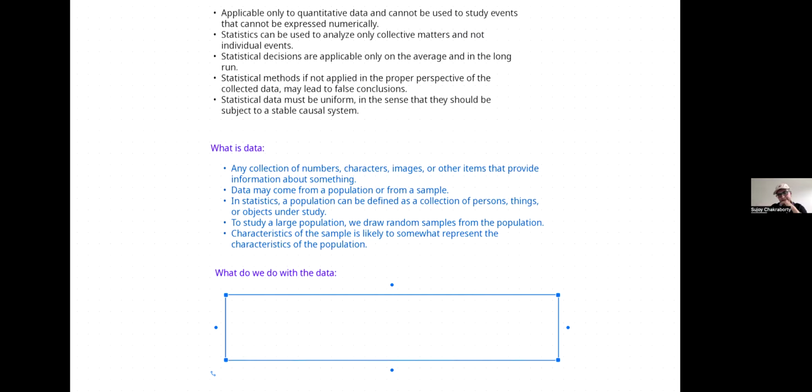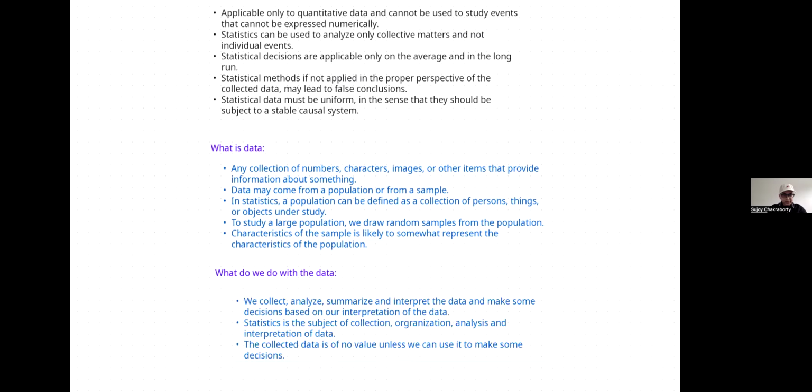Okay, so that's the basic purpose of collecting the data, right? So we collect, analyze, and summarize, and then we have to do the interpretation of the data based on our analysis. And then based on that, you have to make some decisions or draw some conclusions, okay? All right.